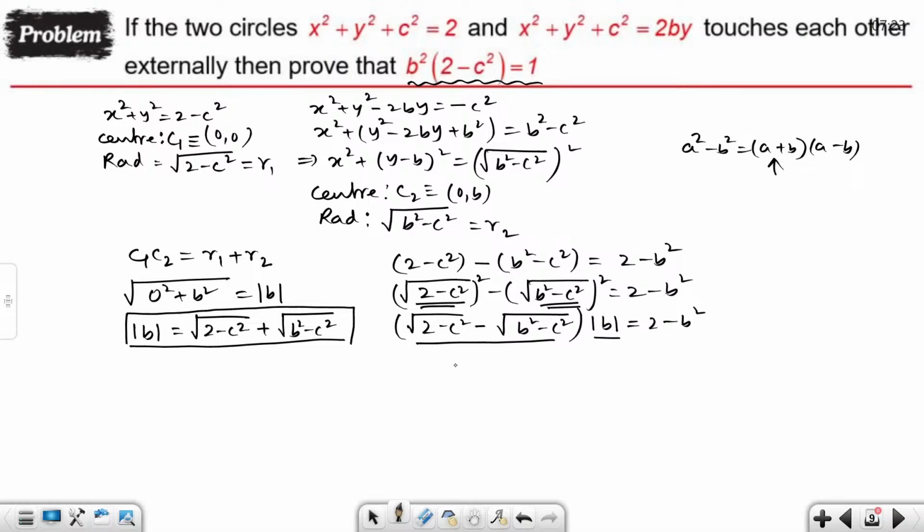Therefore, we will say that we are getting 2 minus b square by mod b. This is equals to root over of 2 minus c square minus root over b square minus c square from this equation, right? So now it is easier for us to calculate this, to get a simplified result.